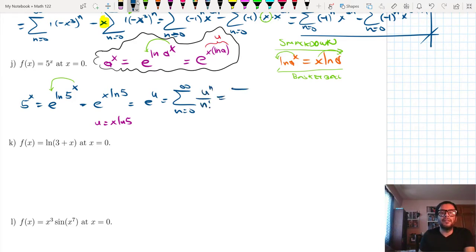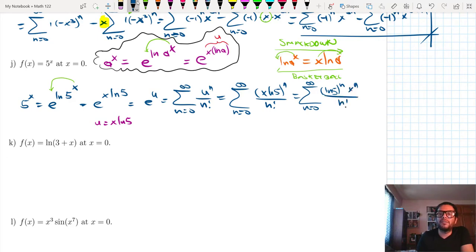That is sigma n equals 0, and our u in this case will be x ln of 5 to the n over n factorial. So let's distribute the power. So sigma n equals 0 to infinity of ln of 5 to the nth power, x to the nth power divided by n factorial. And that's how we get a series like this. Okay, so that's the trick.